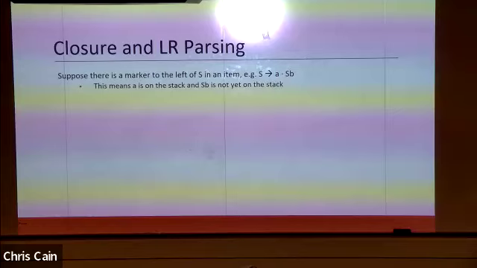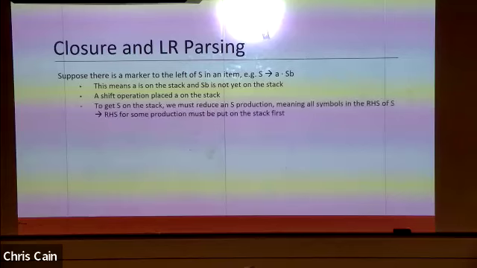But we need to know whether we are in the process of starting something that could lead us to this S. So let's say a shift operation places an A on the stack. We know that to get that S on the stack, we have to reduce something into that S, which means we're looking for some right-hand side of an S.